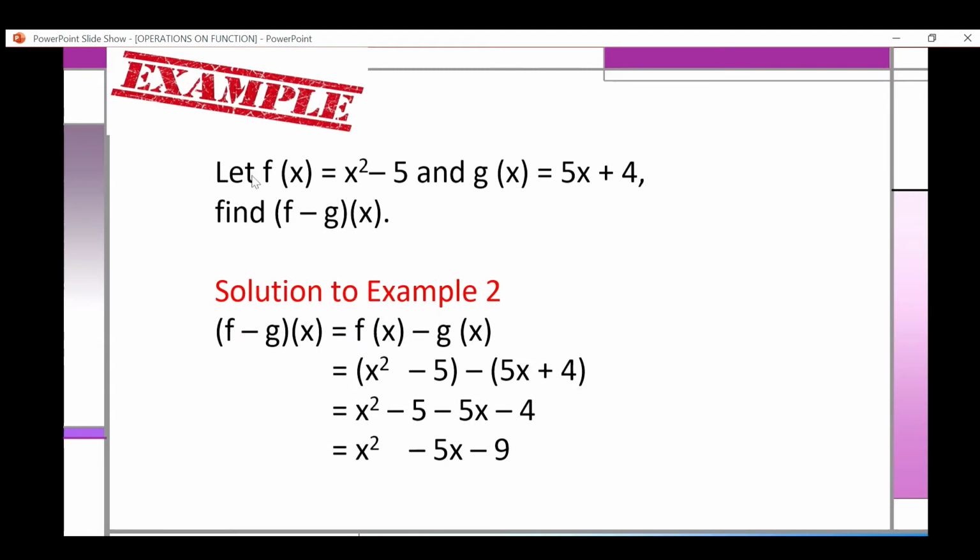For example, let f of x be equal to x squared minus 5 and g of x equals 5x plus 4. So, f minus g of x. Okay, we express f minus g of x as f of x minus g of x so we can substitute easily.